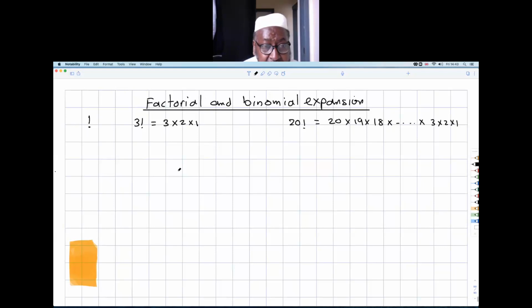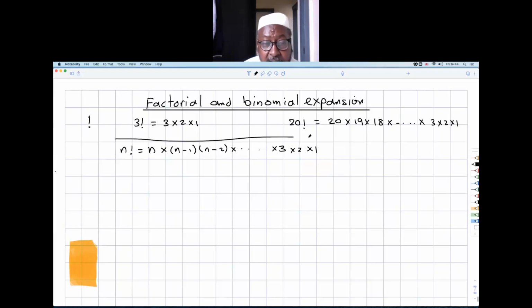It has been used for a while to avoid astronomical numbers, so they used this factorial. Now, as a rule, we say n factorial equals n times n minus 1 times n minus 2 times and so on up to times 3 times 2 times 1.